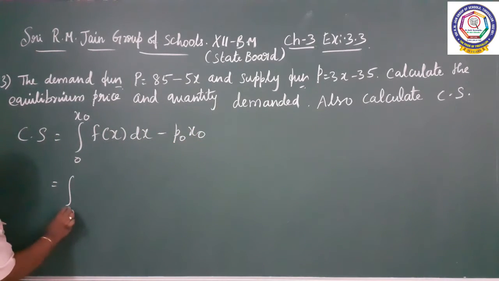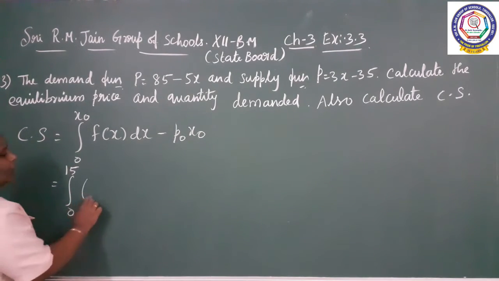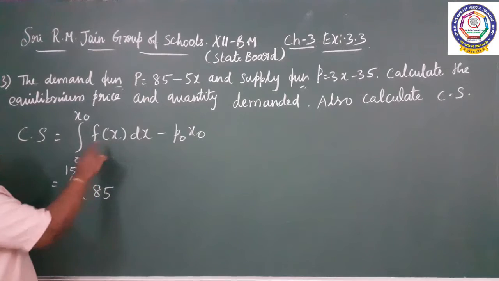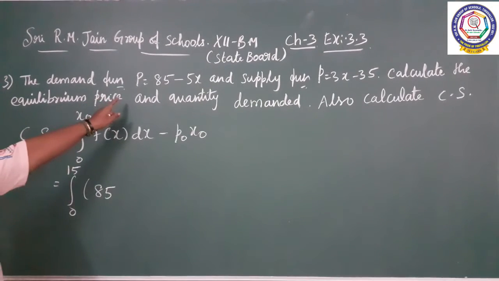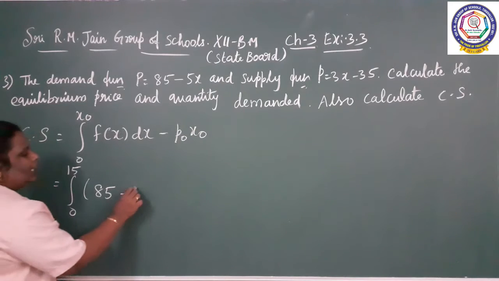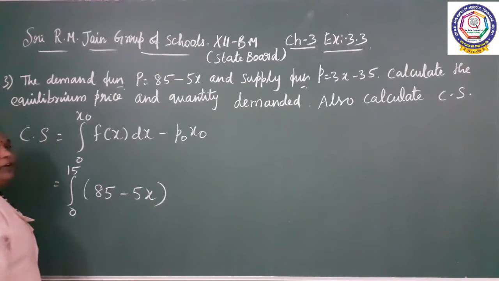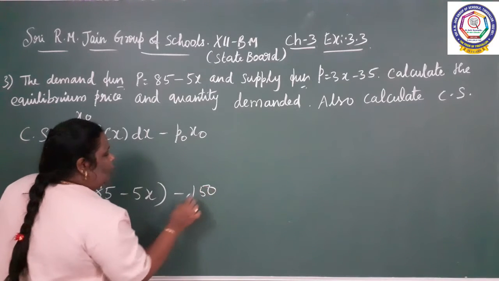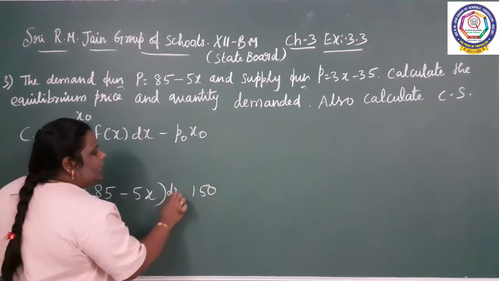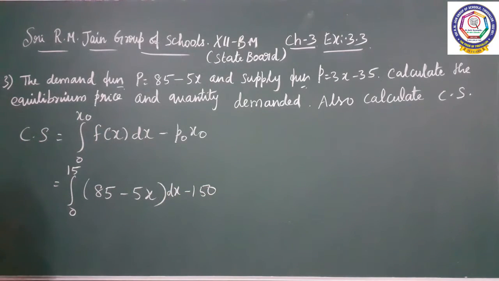It gives integral 0 to x naught, that is 0 to 15, f of x dx. What is the demand function? 85 minus 5x dx minus p naught x naught, that is 150.